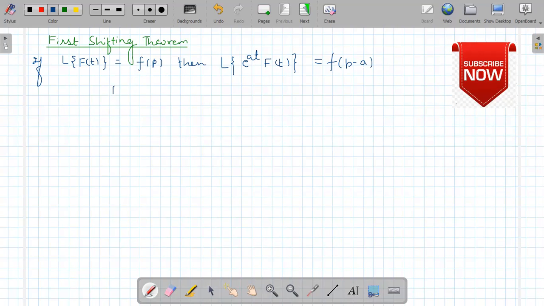Means you are given f(t), suppose, and you have to find the Laplace transform of e raised to the power at f(t).